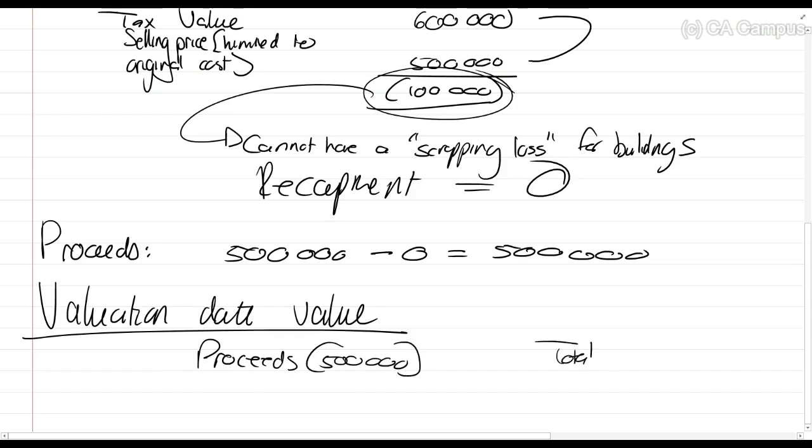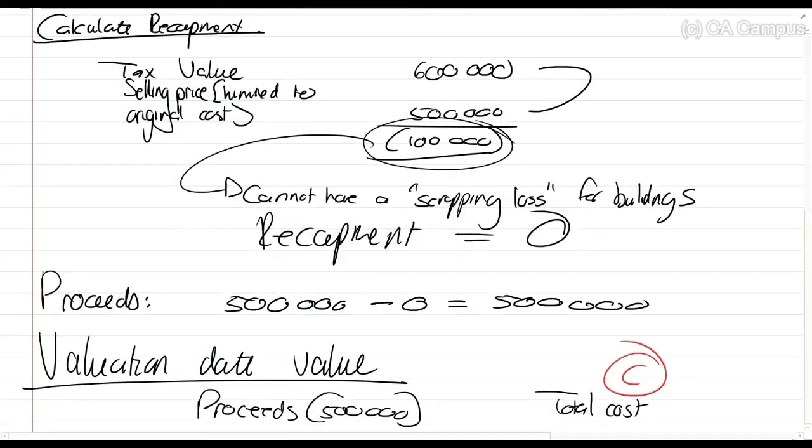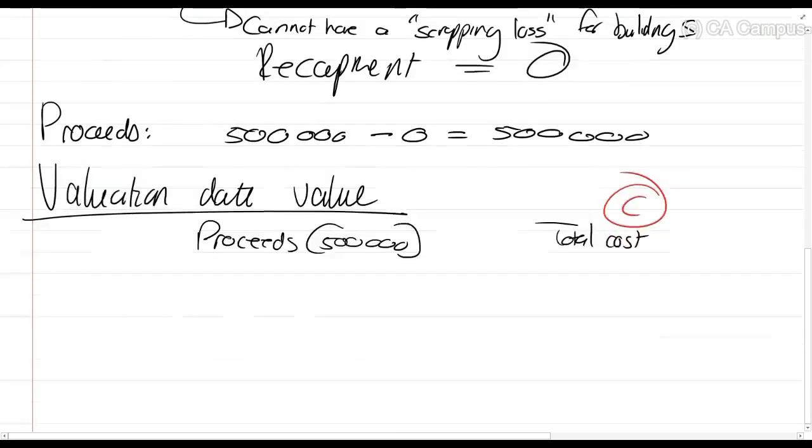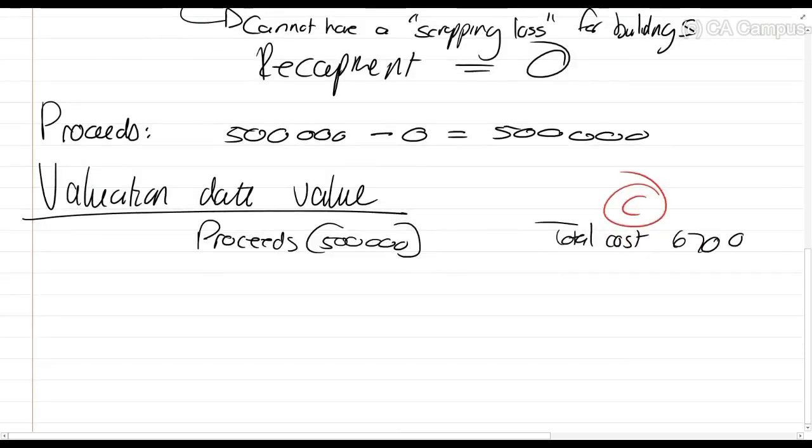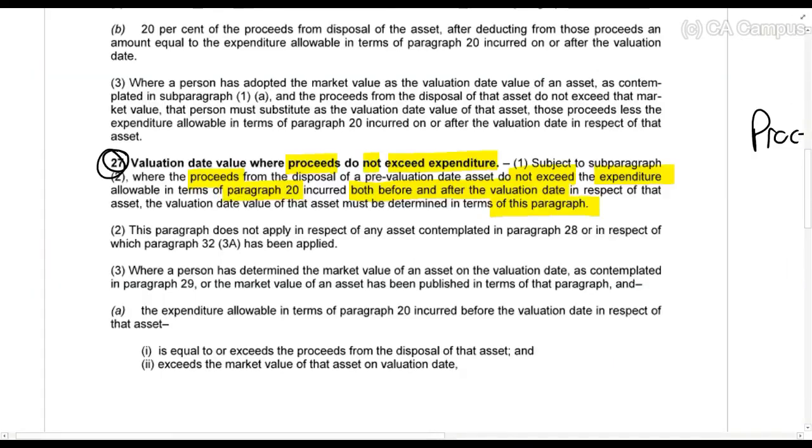Total cost, part or amount C, is how much? 670,000. So, which one is the bigger? Total cost is greater than proceeds. So what I want you to understand is that we are now looking at paragraph 27.